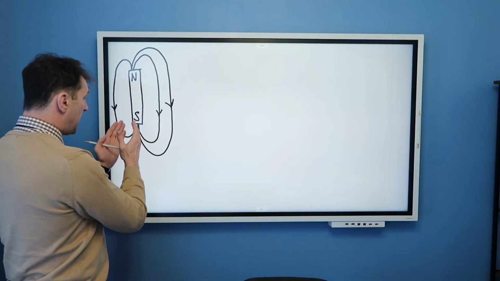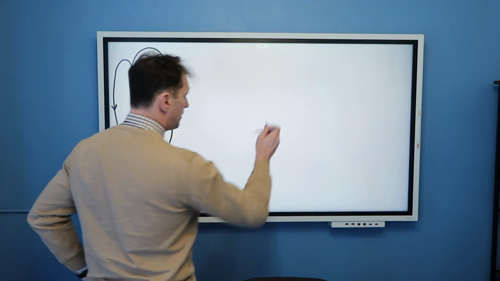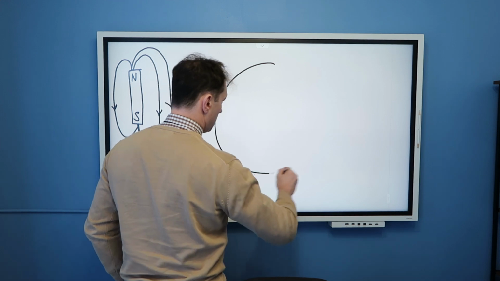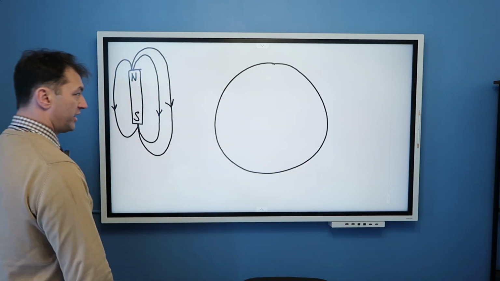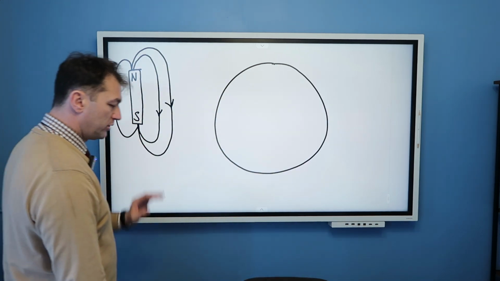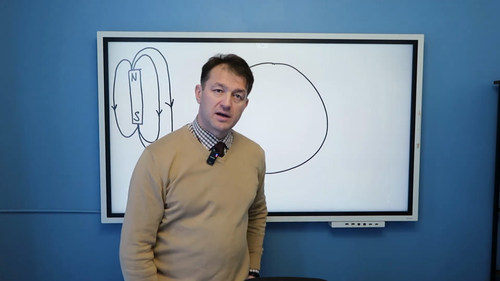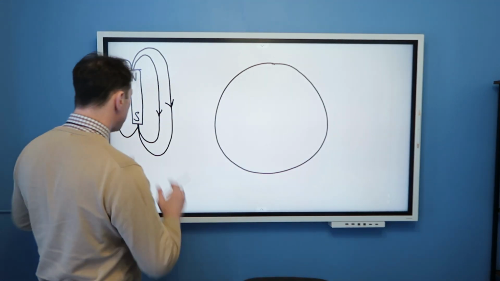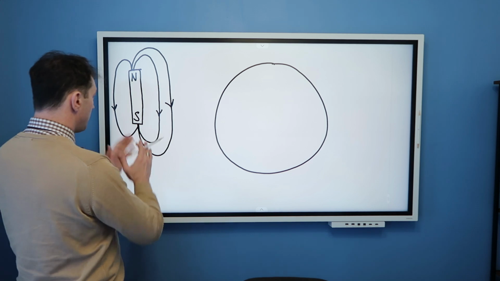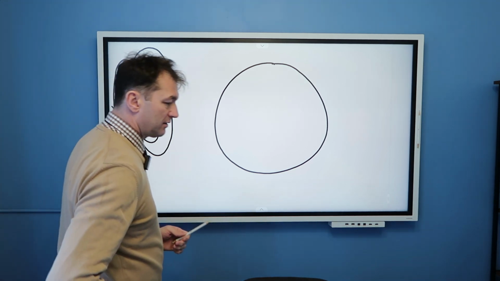So the question is, how is this relevant to our planet Earth that is a spherical object like so? Well, it turns out that magnetic field lines around our planet resemble to a certain extent magnetic field lines of a bar magnet.